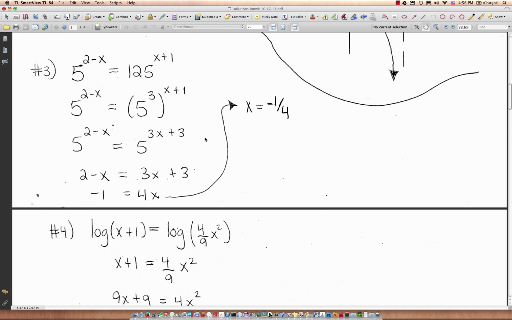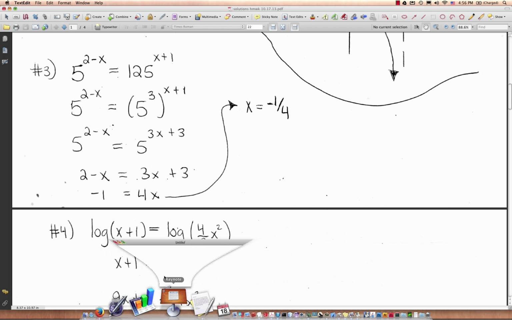Number 3, solve the following equation. Well, what you need to realize is that 125 is 5 to the third power. Now you distribute the 3 into the x plus 1. So 5 to the 2 minus x is the same thing as 5 to the 3x plus 1. And if the bases match, this is the one-to-one property right here.